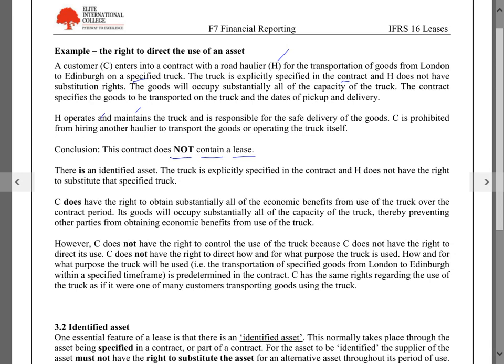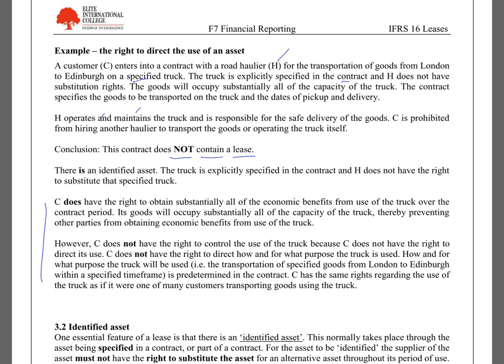So basically, it's explained here. We're not going through it all. Basically, what is explained at the bottom here is I'm the customer. This is the transporter. We sign the contract. I actually assign him, I rent from him to transfer from one place to the other.